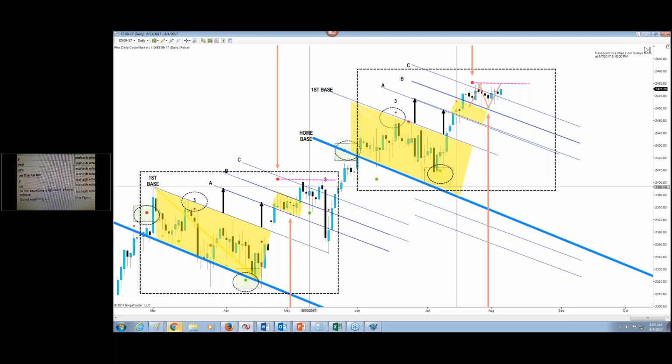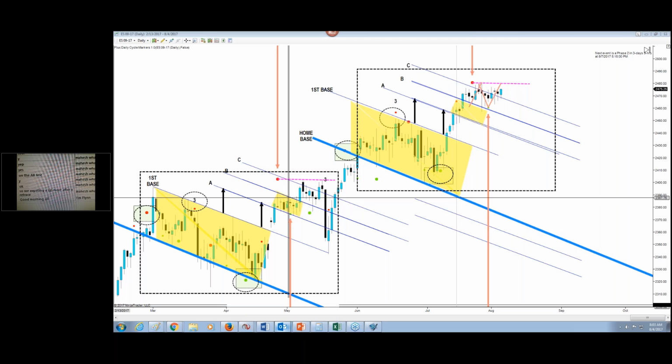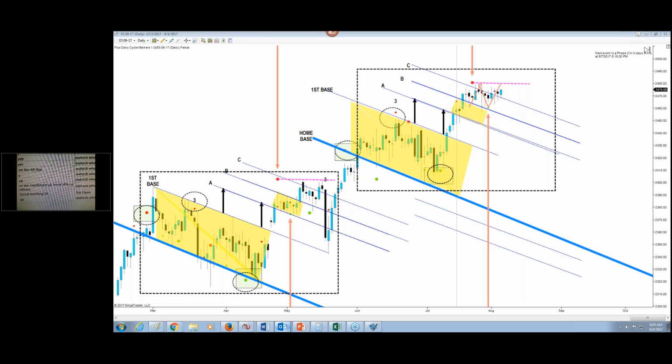The high of the second touch was 402.25. So Mahesh, it was a 3/4 point difference. Just enough to do what? Get the stops out, right.